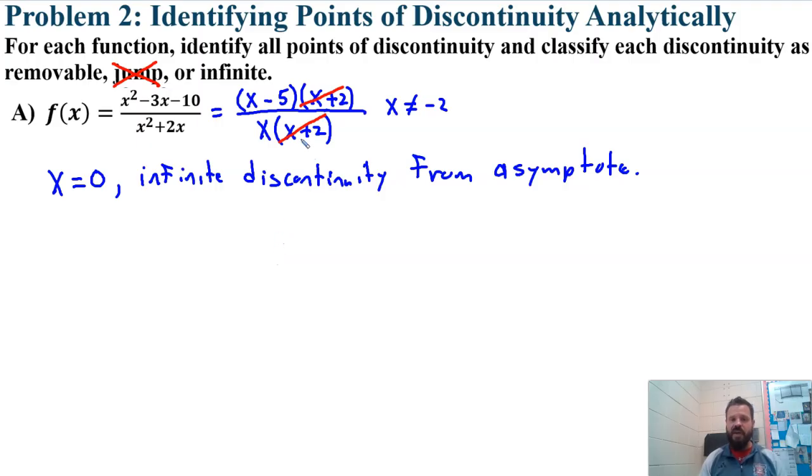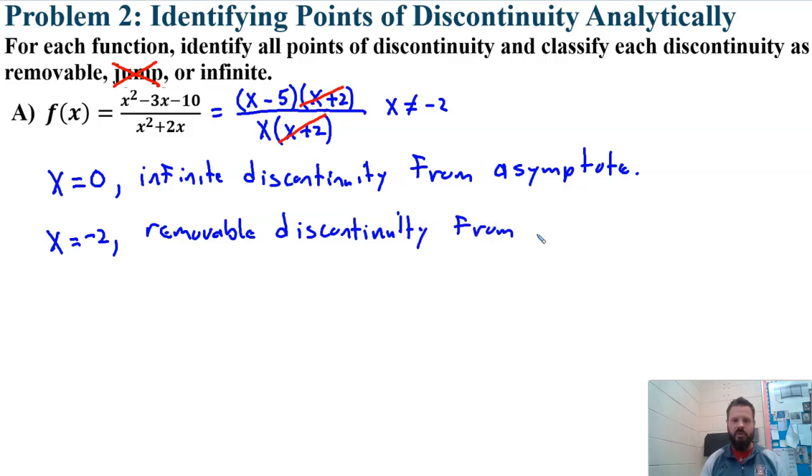The other one we have is with this term we can cancel out, the hole we're going to have in the graph. So we'll also have a discontinuity at x equals -2, the 0 of that factor. And that's going to be a removable discontinuity from the hole.